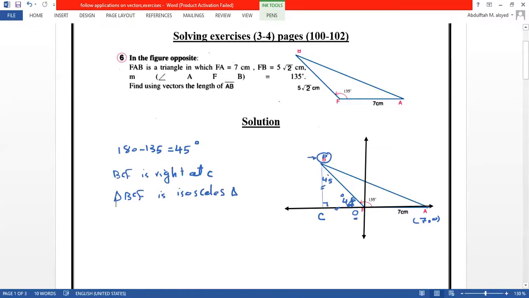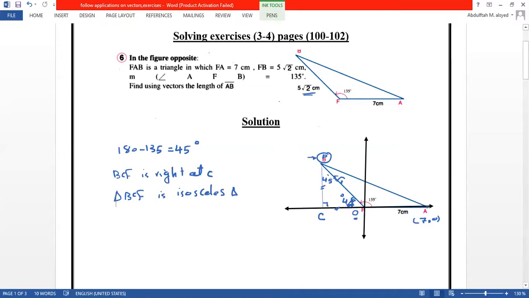Now I have the length of FB, which is 5 root 2. Now I can find the length of BC and CF using sine or cosine.